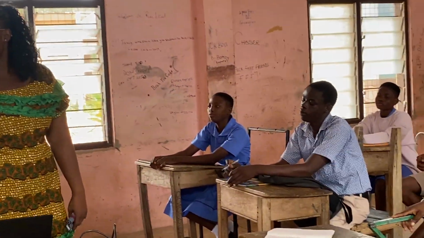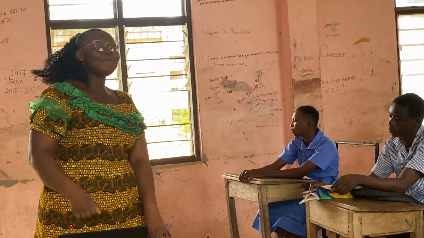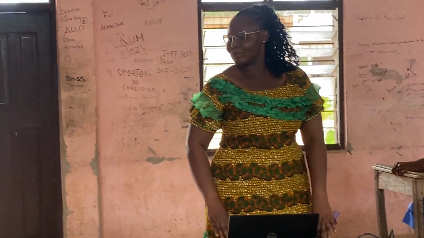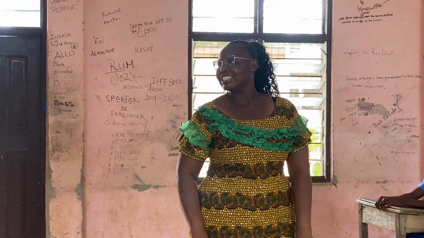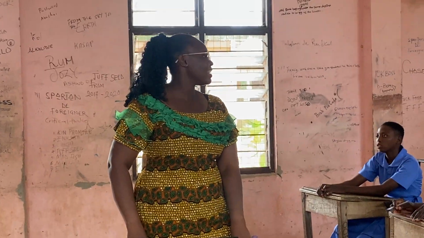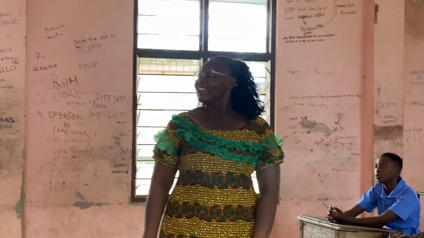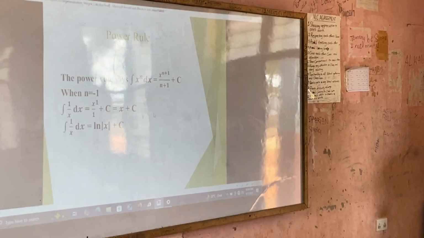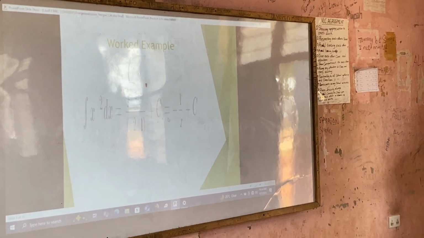Okay. So now, for example, the integral of 1 over x dx is equal to what? x power 1 all over 1 plus c, and this will give us x plus c. Now, so this is equal to what? The natural log of the absolute value of x plus c. Now let's solve this question.